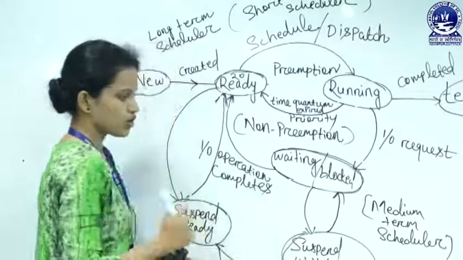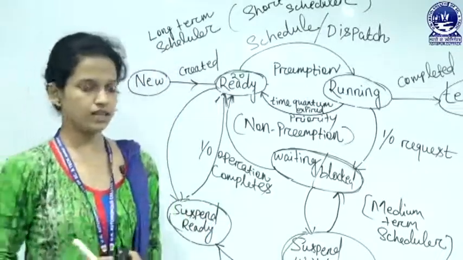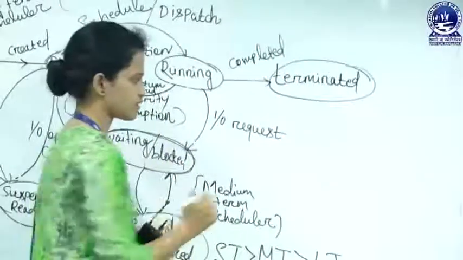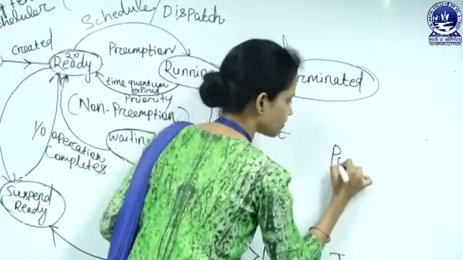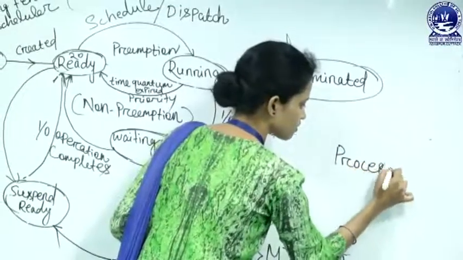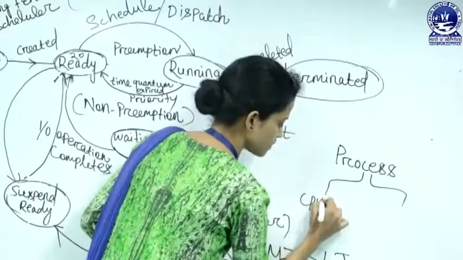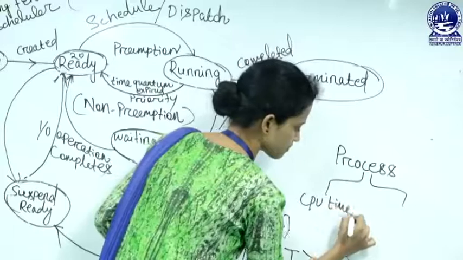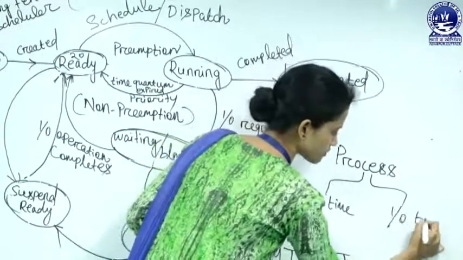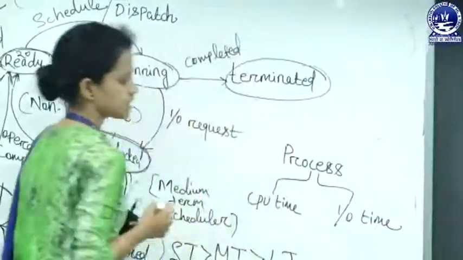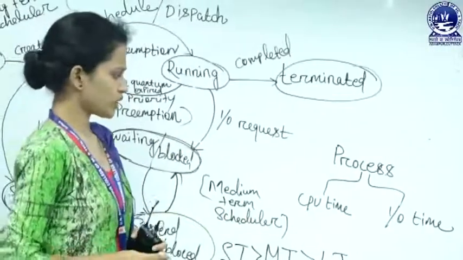Okay. So, now there is another concept: there are two types of process, based on CPU time and IO time.